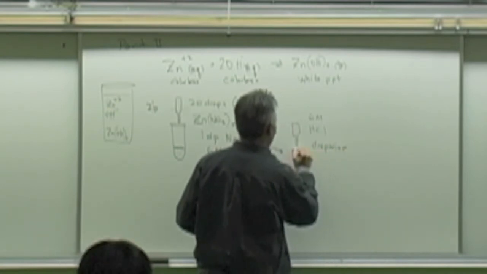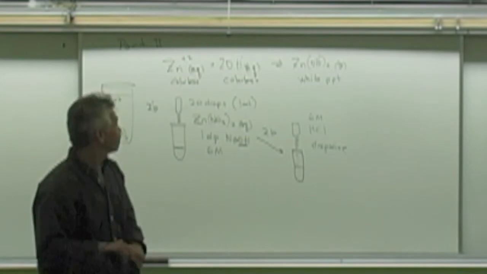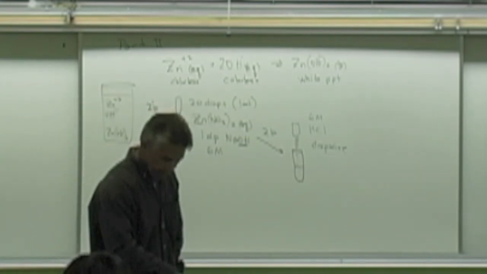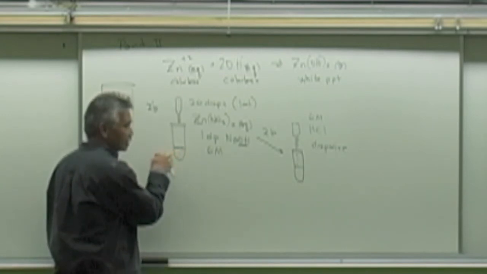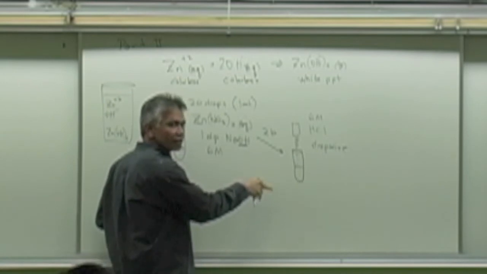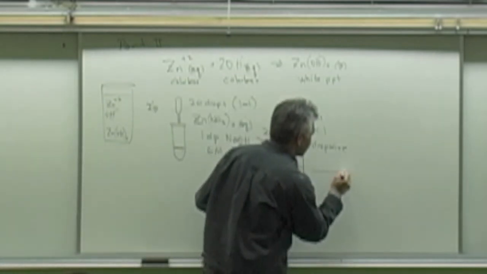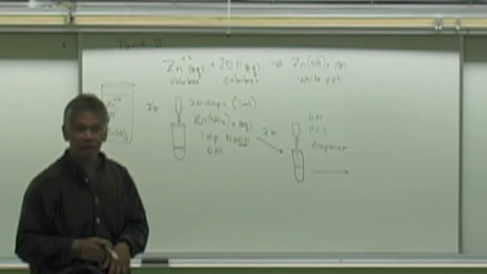Dropwise just means that you keep adding to this solution until you see a change. And hopefully, this stuff that you see initially will change when you start adding hydrochloric acid. And then you can put that on the waste because you're done with that procedure.